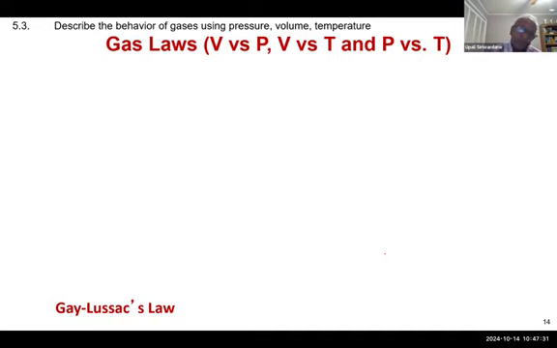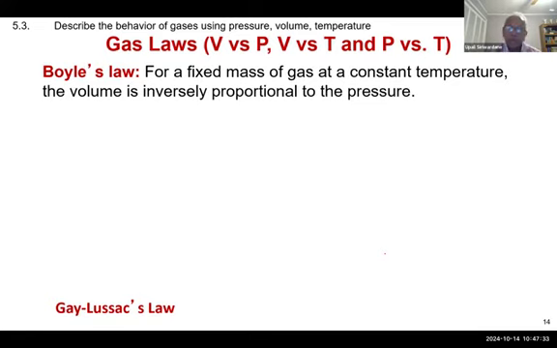The first behavior of gases is between volume and pressure. When you increase the pressure of a gas, volume decreases. That's the inverse relationship.